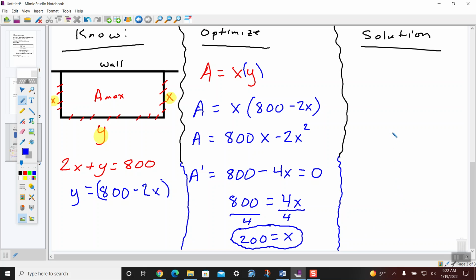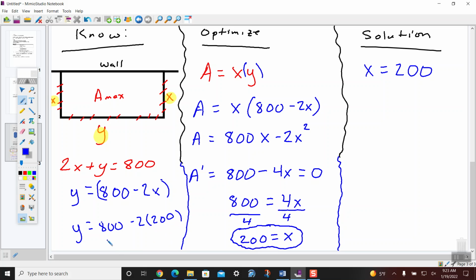Alright. Hey, help me out, friends. What's x equal to? X equals 200. You're ahead of me right now, okay? Once I know x, that's going to allow us to solve for what here, friends? Y. So I would come down here and say, then y must equal 800 minus 2 times 200, right?